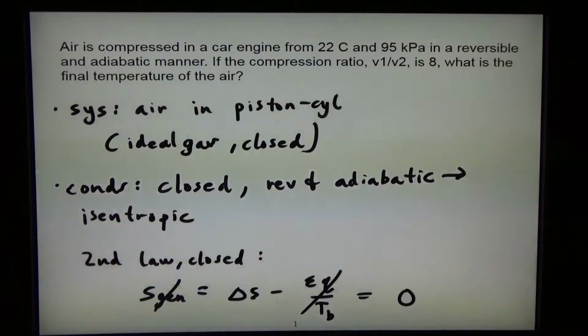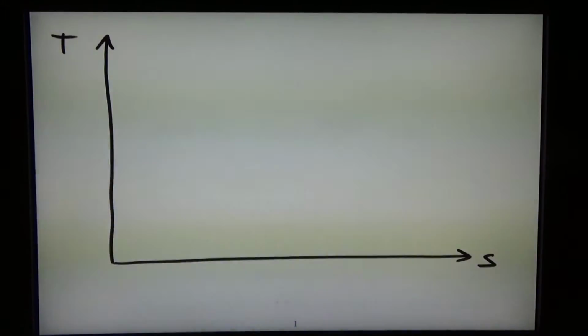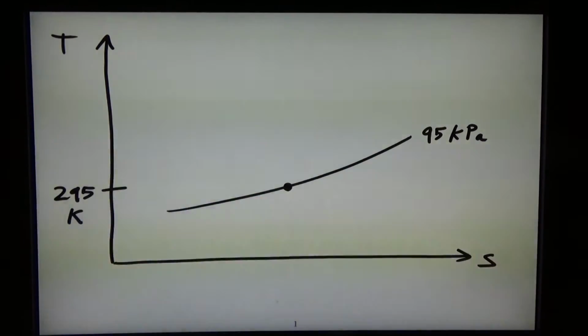Let's go ahead and sketch it and see why the temperature increased. So here's our TS diagram. We have air, and we have a pressure P1 of 95 kilopascal, and a temperature T1 of 22 Celsius or 295 Kelvin.